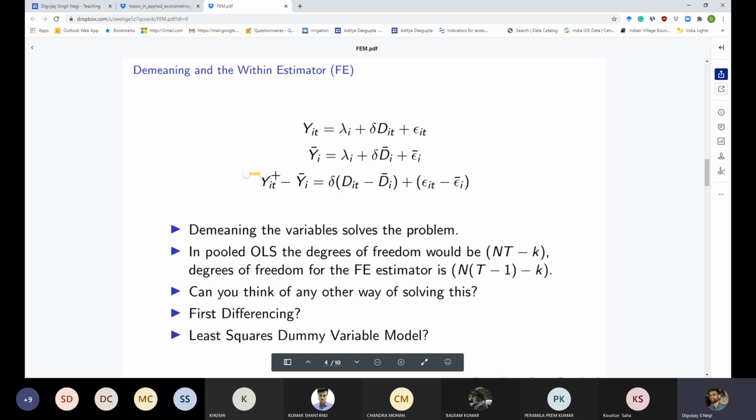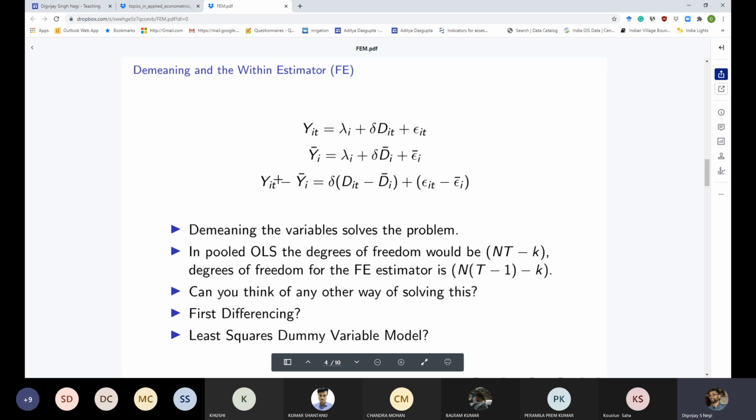And then once you do that, you just have to estimate a simple OLS regression. That simple OLS regression will actually give you the delta, this true delta, what we hypothesized. So this transformation removes lambda. It gets rid of that fixed effect.